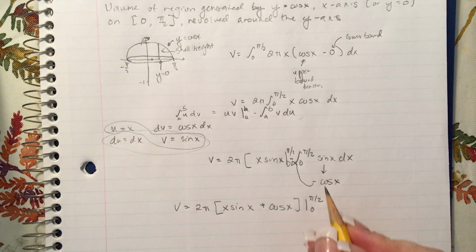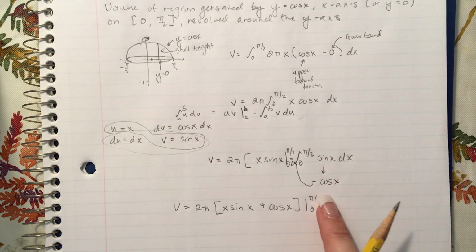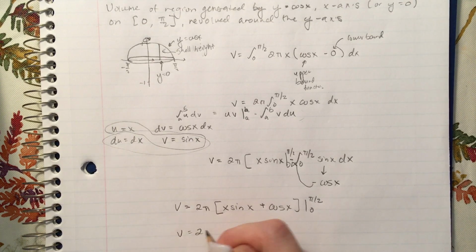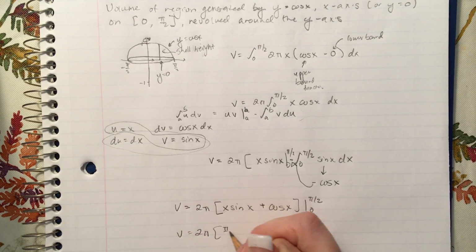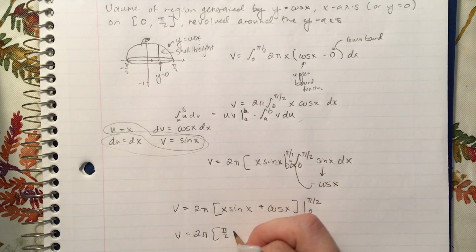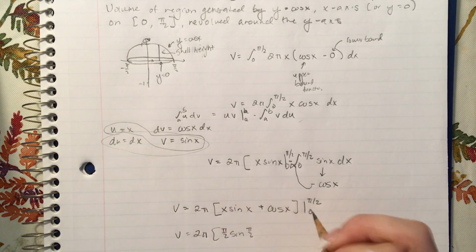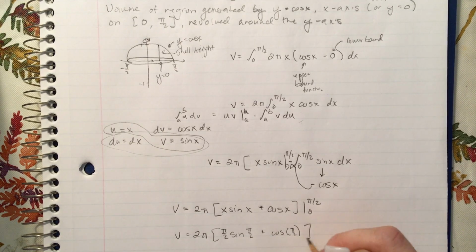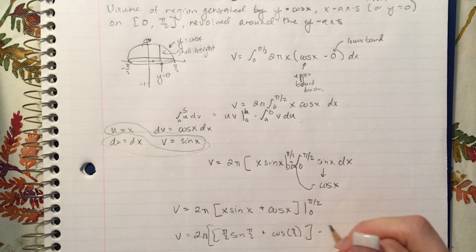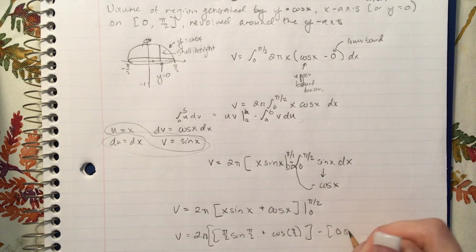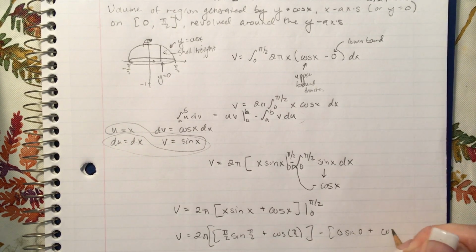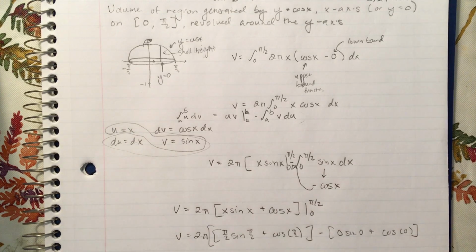And then we could just go ahead and plug in. So it's going to be v equals 2 pi times pi over 2 sine pi over 2 plus cosine pi over 2, minus 0 sine 0 plus cosine 0.